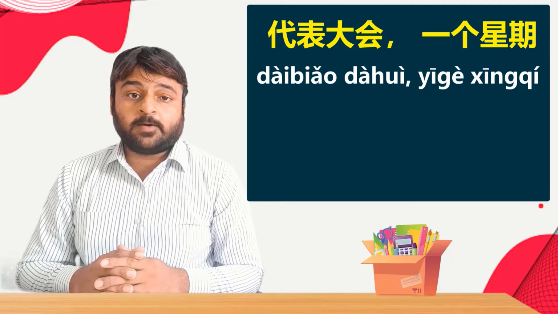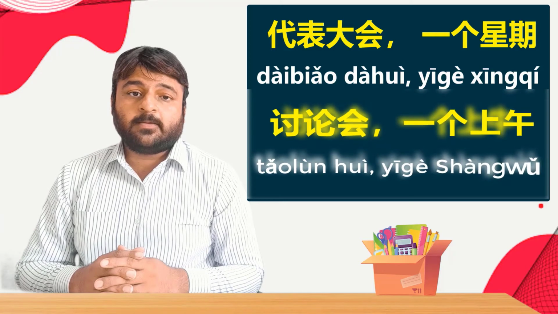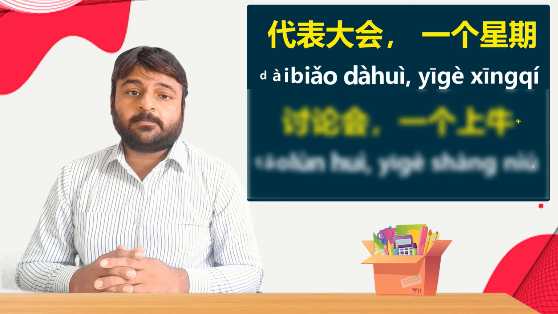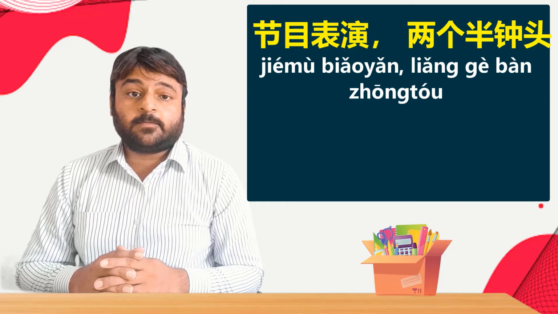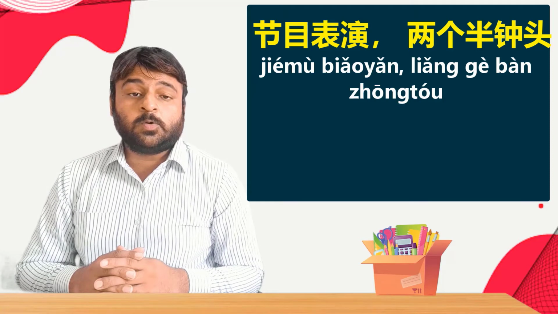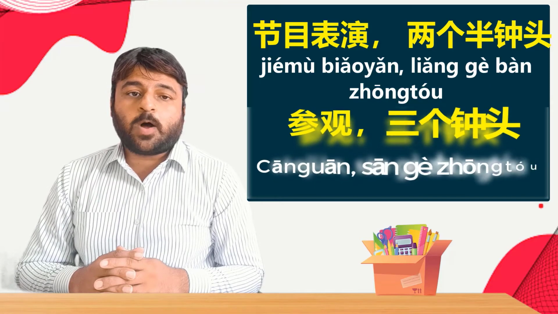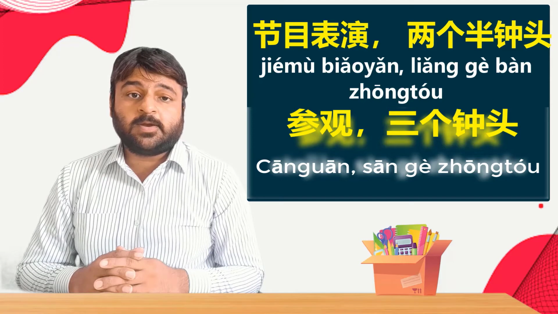The conference was held for 1 week. 讨论会 Discussion meeting, 一个上午 1 morning. 节日表演 Performance or performance program, 两个半钟头 2.5 hours. 参观 visit, 三个钟头 3 hours. The visit carried on for what time? The visit carried on for 3 hours.